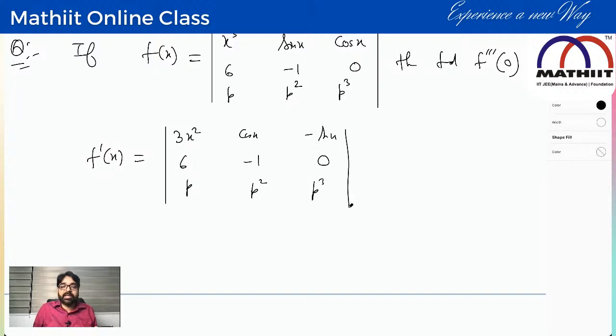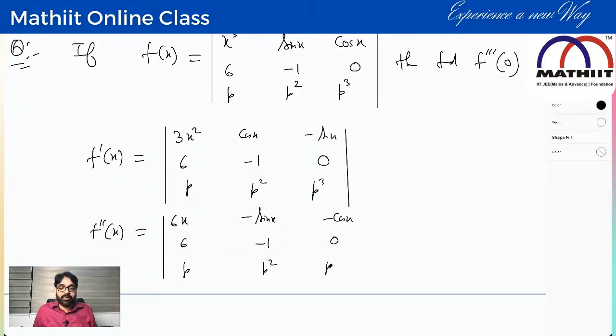The rest of the determinants will be 0 because in this differentiation all elements are 0, and in this differentiation all elements are 0. So the rest we don't have to write. Now f double dash means again differentiation of this row. So that will be your 6x, minus sin x, and minus cos x. Rest will be same, 0, p square, p cube, and the other two determinants will be 0 because this element is 0, this is again 0.